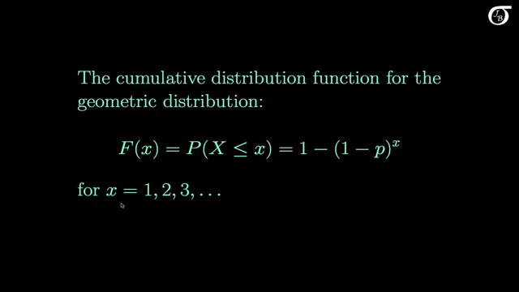And this is true for whole number values of x that are at least 1. We came up with the cumulative distribution function on the previous slide using a little logic. We could show it more formally using a mathematical argument based on a geometric series, but I'm not going to do that here. And that's a brief introduction to the geometric distribution.